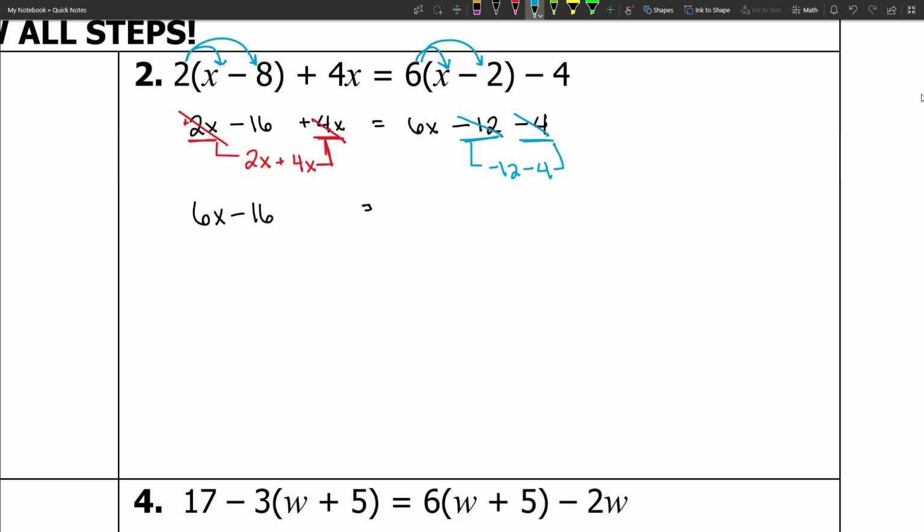Remember, since both of these numbers are negative, what we're going to do is say we have the negative of 12 plus 4. 12 plus 4 is 16. So we would have 6x minus 16.